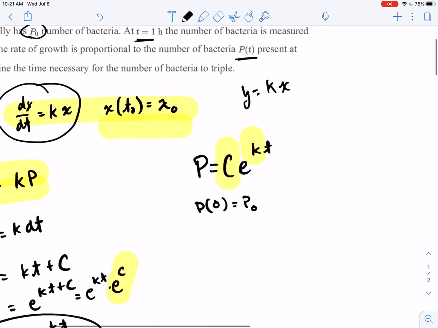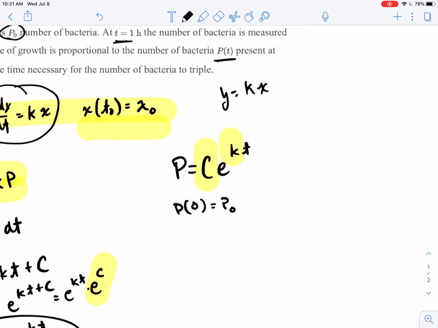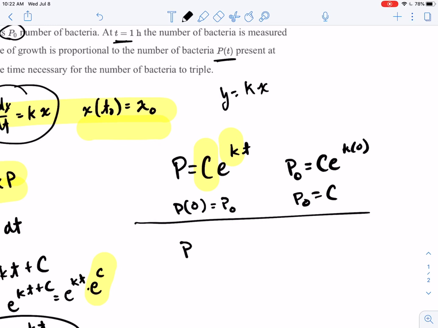With this, we could use that to find C. Let's say I plug in and I say, okay, P naught is going to equal C e to the k times 0. So that k times 0 is just 0, e to the 0 is 1. So I got P naught is going to be my constant. So now I have my new equation. And so that's how we could find C, using that initial value.